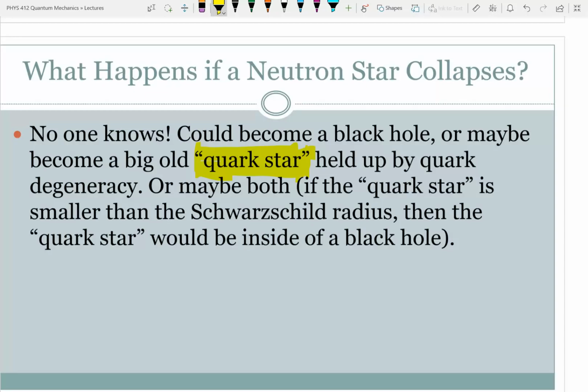And of course, if the quark star is smaller than the Schwarzschild radius, you don't know there's a quark star. You just know it's a black hole. Black holes, you have so much mass that you warp the space-time around it, nothing can come out. And so there could be a quark star in there. No one would ever know.